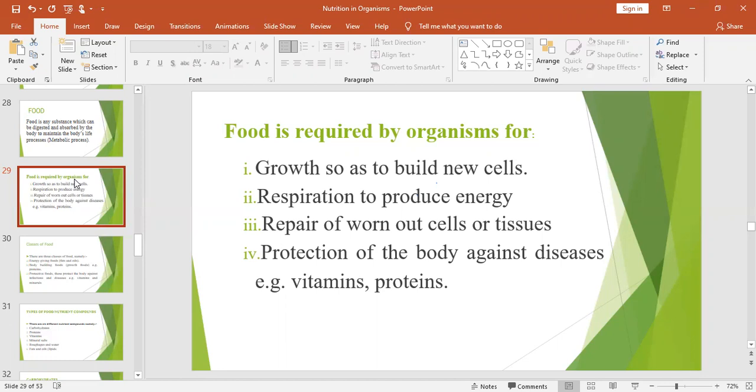Even if you have removed your fingernails, they keep on growing. Sometimes you even get an injury and have wounds in your body, and new cells have to be produced so that there is a healing process for that wound. So all of these are what food does for us.